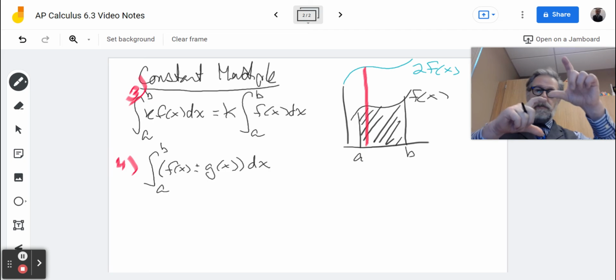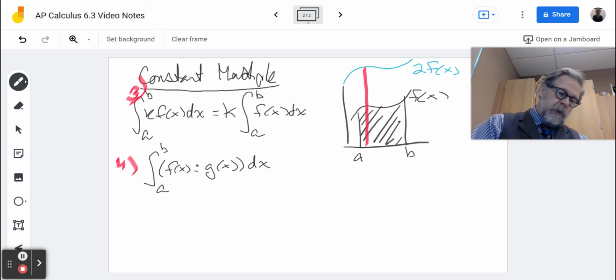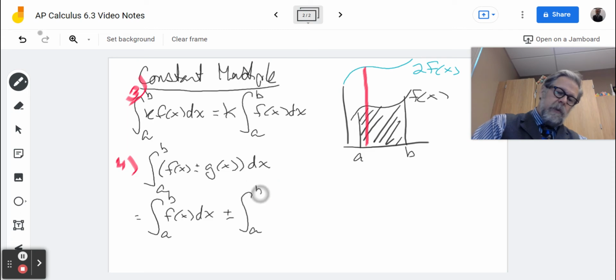The area is just going to be the one plus the other, or minus the other, depending on which direction we're going. So we know that this equals the integral from a to b of the first function with respect to x plus or minus the integral from a to b of the second function with respect to x.